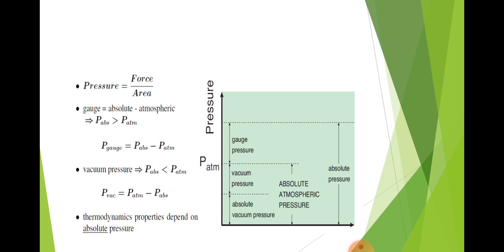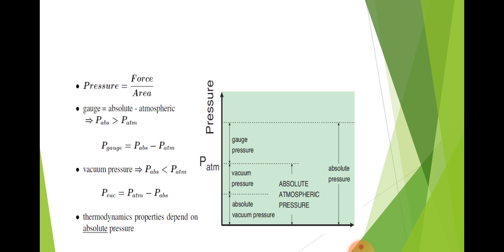The atmosphere surrounding the earth exerts a pressure on its surface equivalent to the weight of air over a unit area of the earth's surface. The pressure of the atmosphere is recorded by a barometer. By which instrument can we record the pressure of the atmosphere? Barometer.